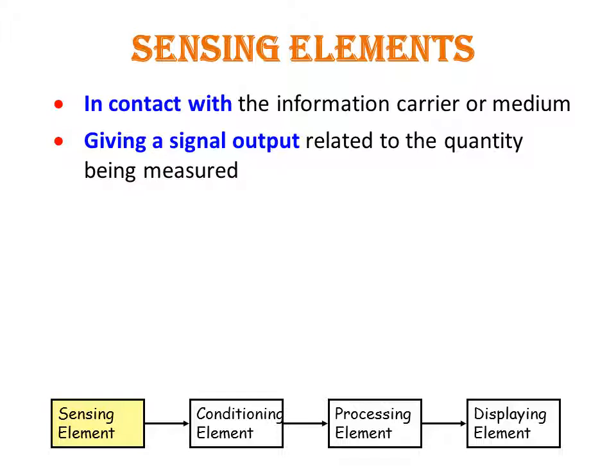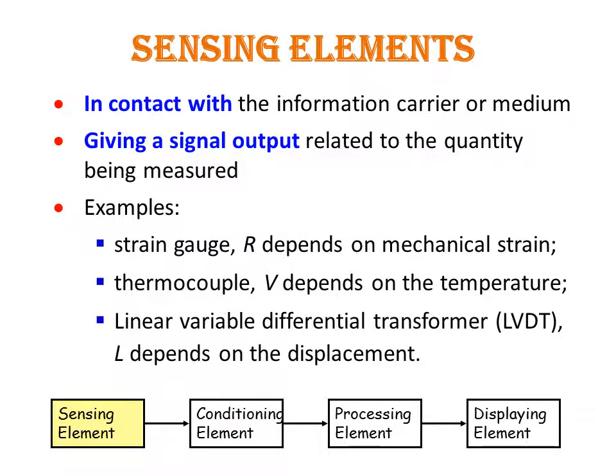This sensing element gives a signal output related to the quantity being measured. Sensors are these sensing elements. They give us the signal output corresponding to the quantity being measured.